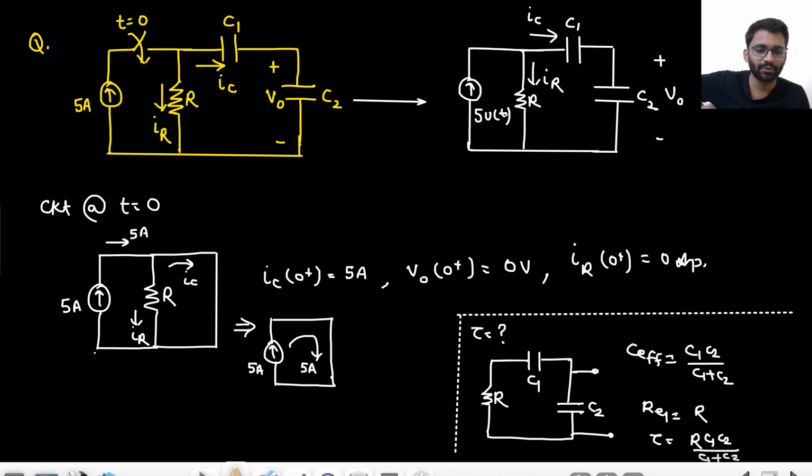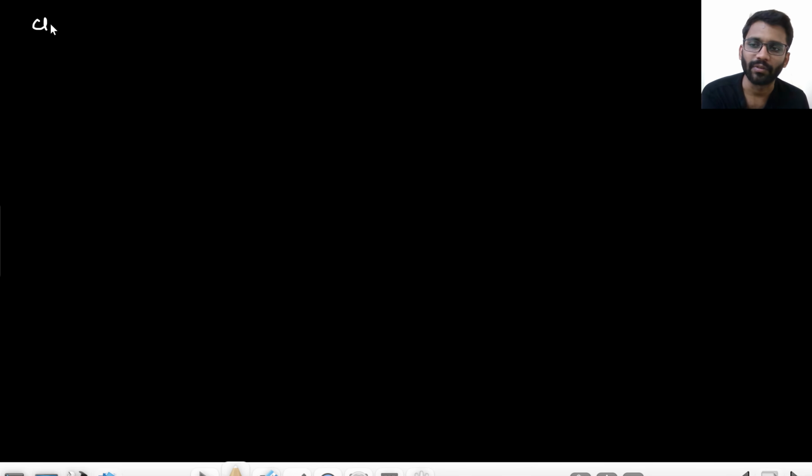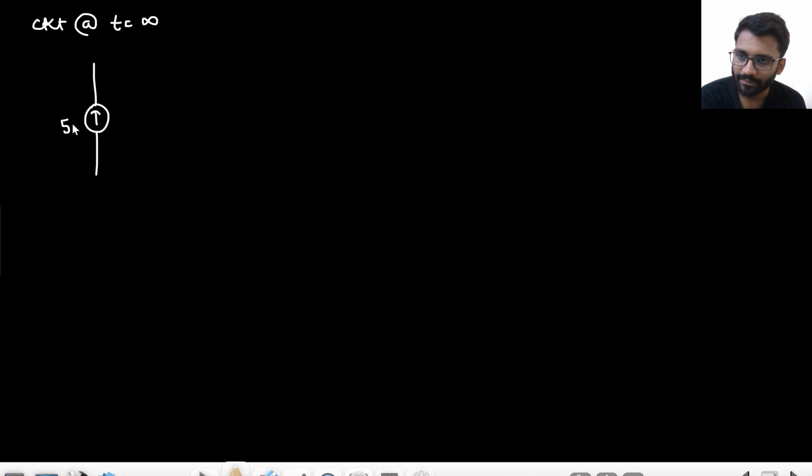Okay. Circuit at t equals to 0 we have discussed. Circuit at t equals to infinity. So what will happen? 5 ampere current source. Resistance R is there. The capacitor will be open circuited, right?